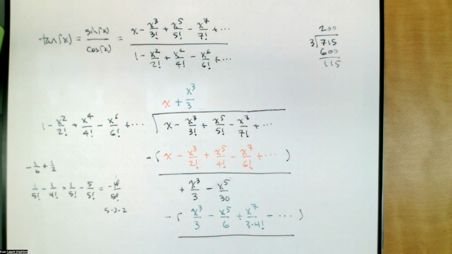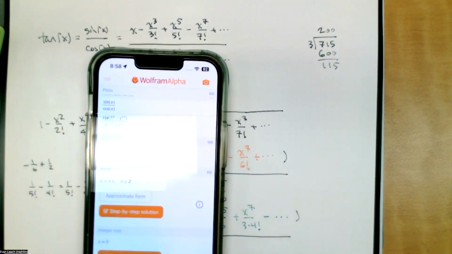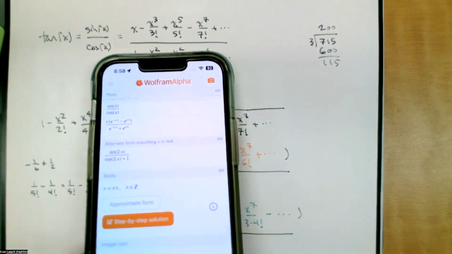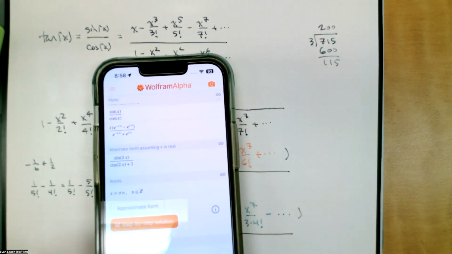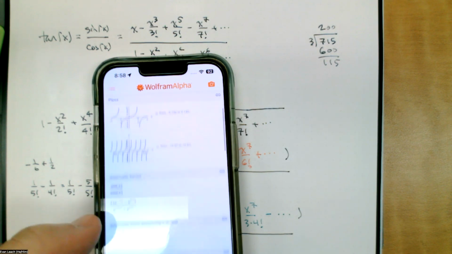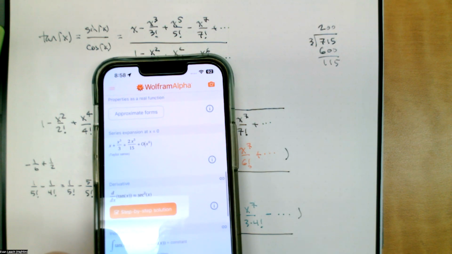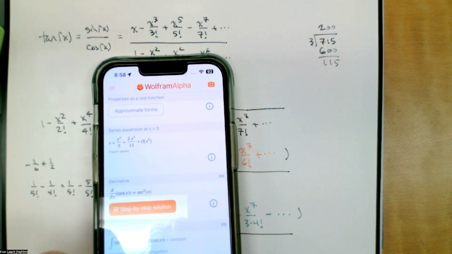I'm not sure exactly what we might try to do to find that, but gosh, I wonder what we're going to do. Oh, I scrolled off. Where is it? Oh, look there, series expansion at x equals 0.